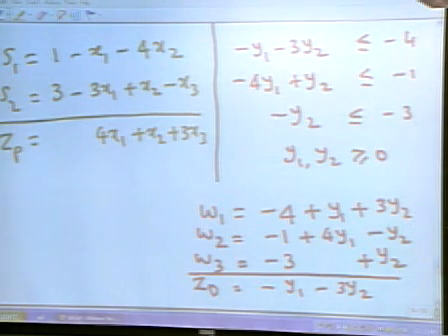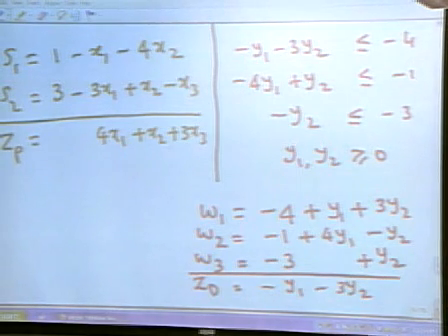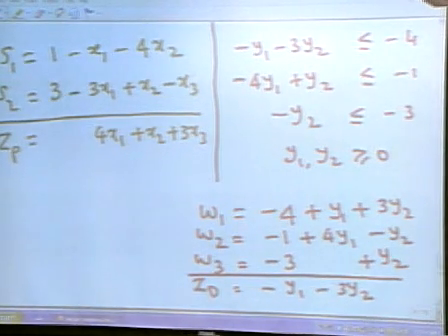In exactly the same way that we wrote down the dictionary for the primal problem, I'm writing down the dictionary for the dual problem. Remember, we are still maximizing, but we are maximizing this objective function, -y1 - 3y2. Now, what is the problem with this dictionary?